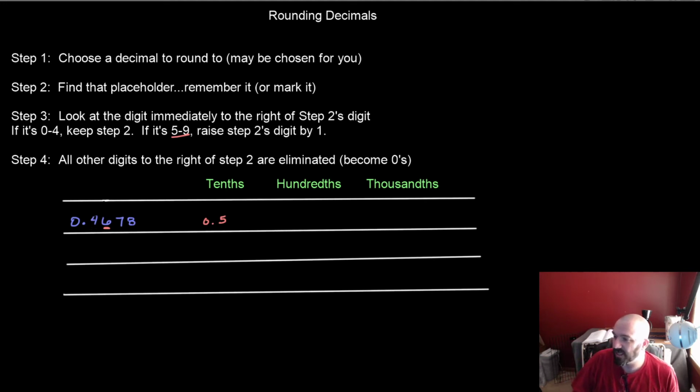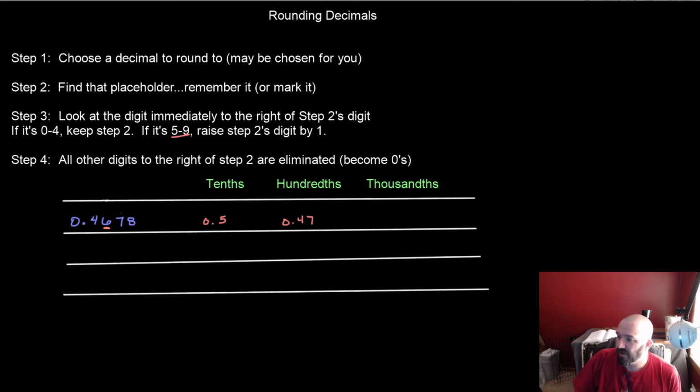And to do that, I take a look at the one immediately to its right, and I see that it's 5 to 9. So I round the 6 up to 7. Now, you keep everything else to that digit. But then you round that digit, everything to the right of it goes away. Careful on your right, left. Everything to the right, everything lower than that goes away. We don't really want to eliminate the other stuff. That would be cool sometimes, but it's not correct.